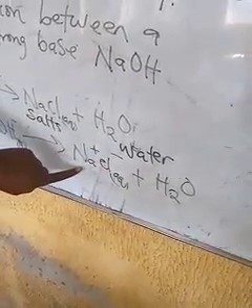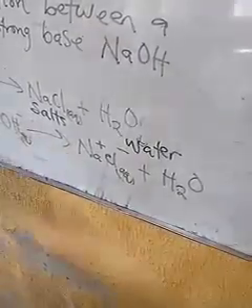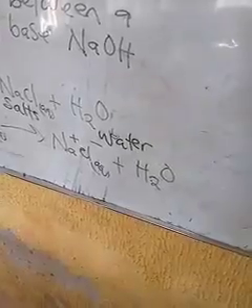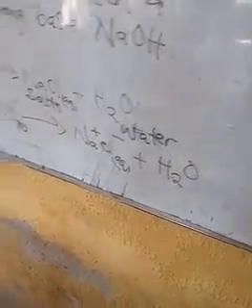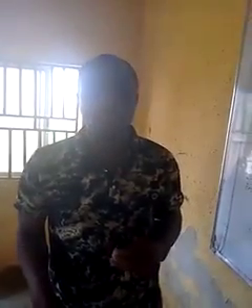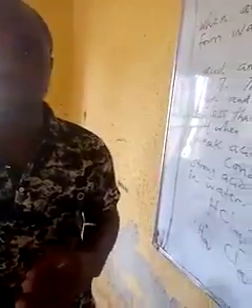It produces sodium chloride in its ionic form with water. Of course, we have a lot of reactions that have to do with acid and a base. So when you have a reaction between an acid and a base and the result you have is salt and water, such kind of reaction is known as neutralization reaction.